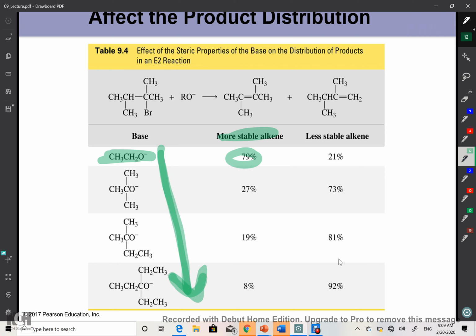As the base gets bigger, you can notice that the amount of the more stable alkene decreases. Yes, in the lab. Those were the observed values. Those percentages are the percent yield values.